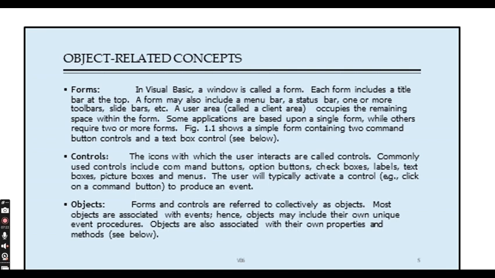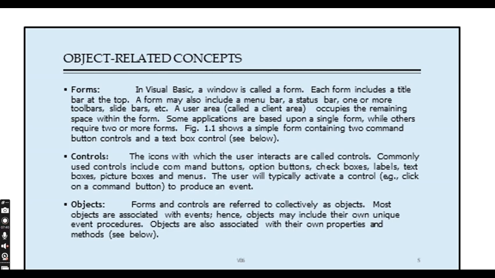Some applications are based upon a single form, while others require two or more forms. For example, a simple form containing two command button controls and a text box control. We shall be looking at that later. Just like I said, controls are the icons with which the user interacts.